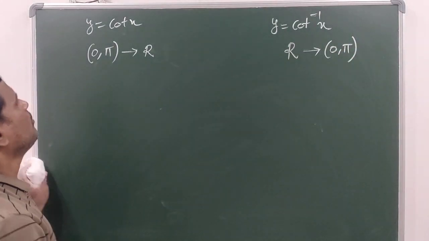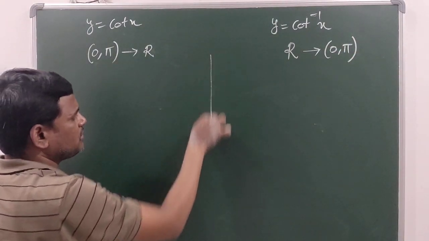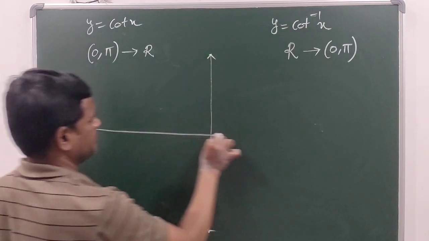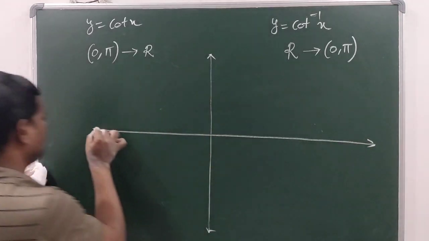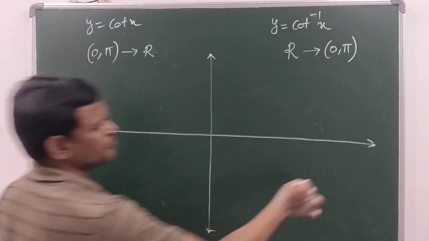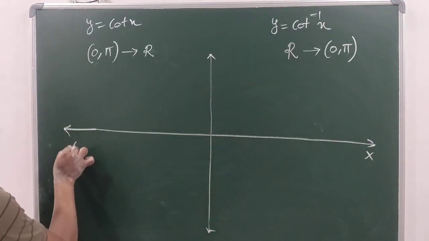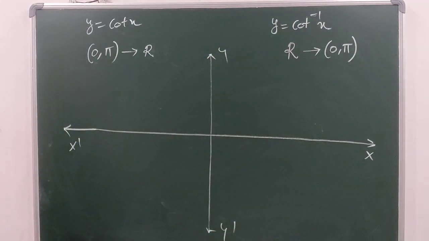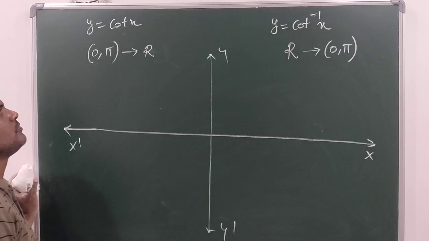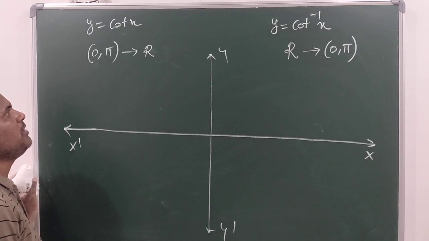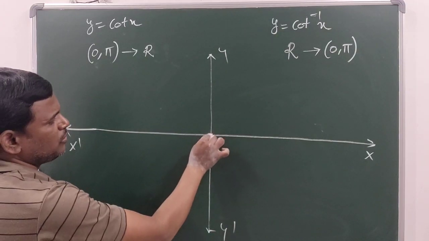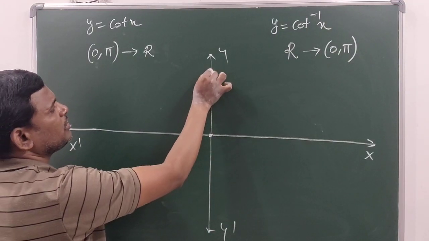Now let us see their graphs on the same graph paper. X, x dash, y, y dash. Now 0 to pi. Here it is 0 and here you can take pi.